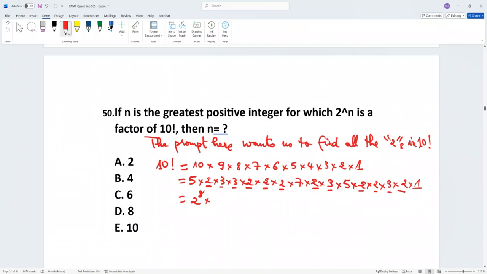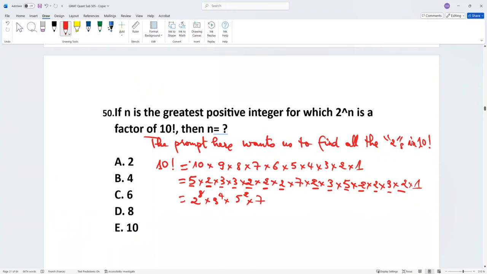So 3 to the power 4 times how many 5's do we have? 1, 2. And then how many 7's do we have? We have 1.